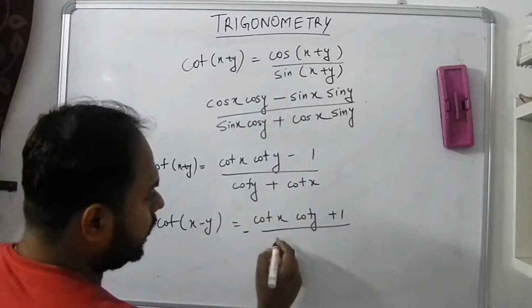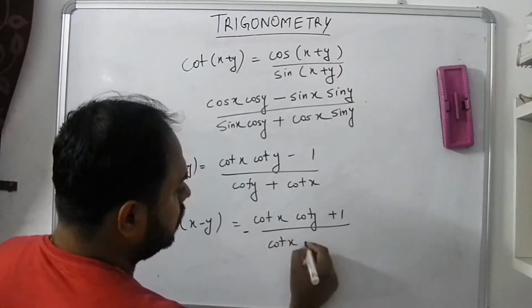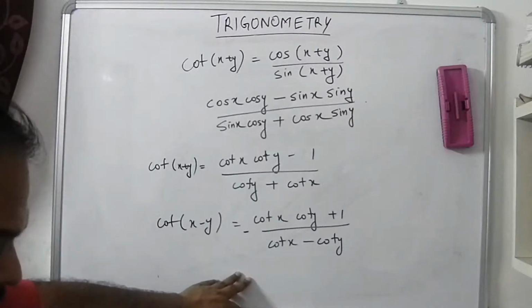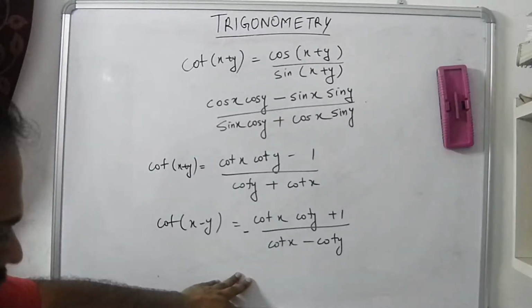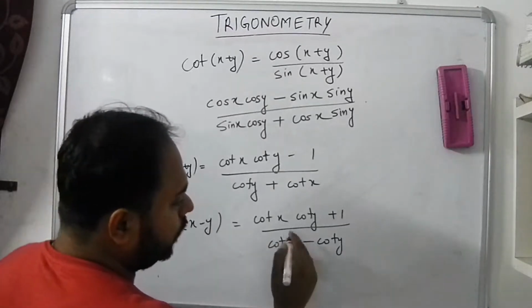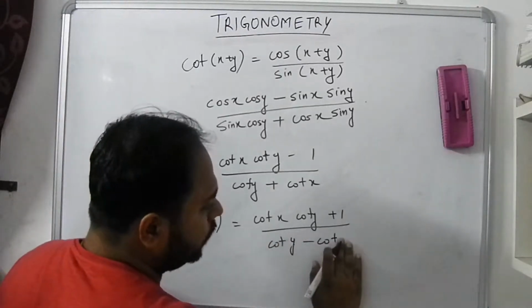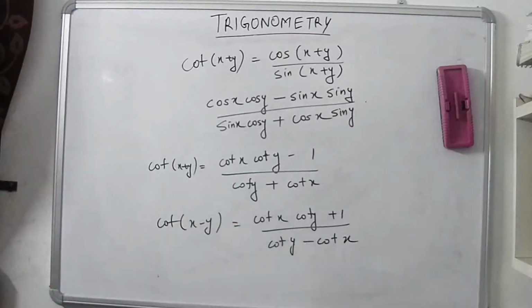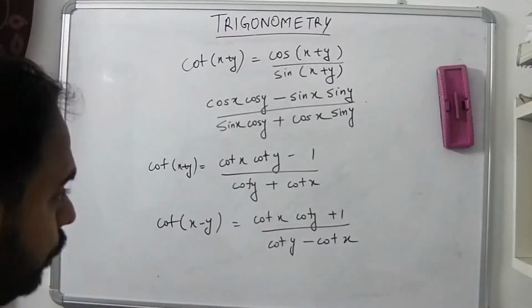So let's make it cot x minus cot y, and since there is a negative sign here, let's include this minus sign here and make this as cot y minus cot x, right? So this is the formula for cot of x plus y and cot of x minus y, right? So now what we can do here.